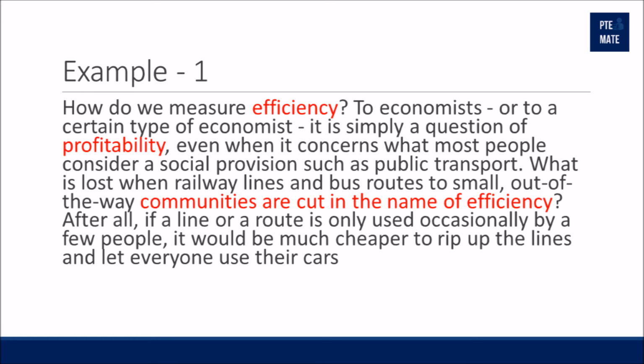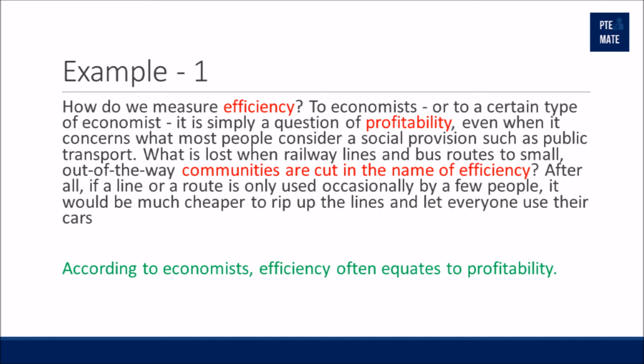Right, so when the speaker is speaking, I've written down the key points, like I'm measuring efficiency, then I'm measuring profitability, and I'm saying how communities are cut in the name of efficiency. So these are the key points in the lecture that I've noted down. And then I'll summarize it and I'll say that according to economists, efficiency often equates to profitability.